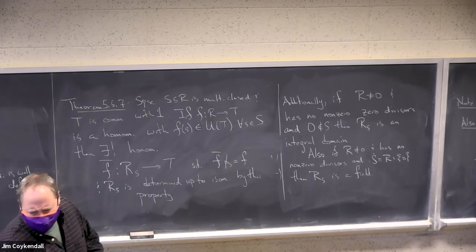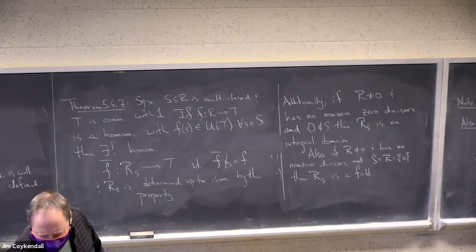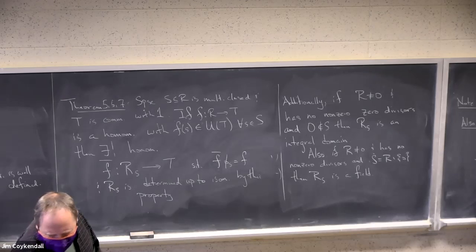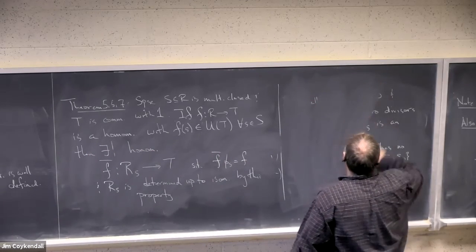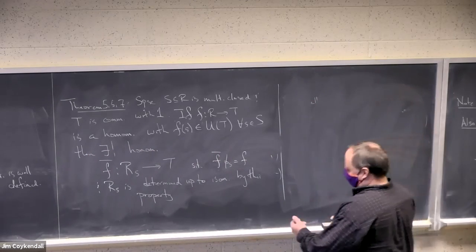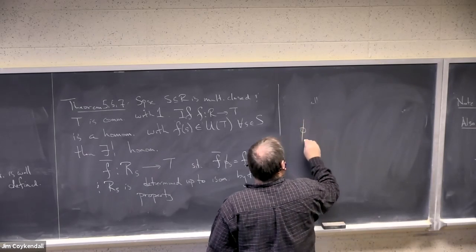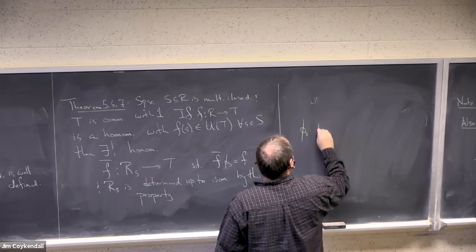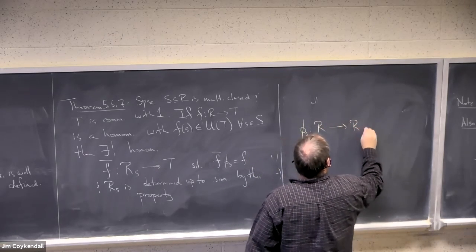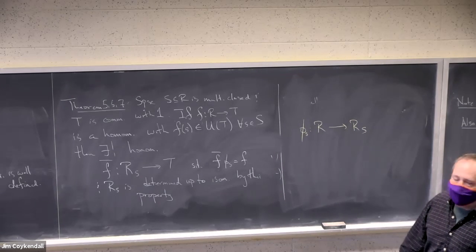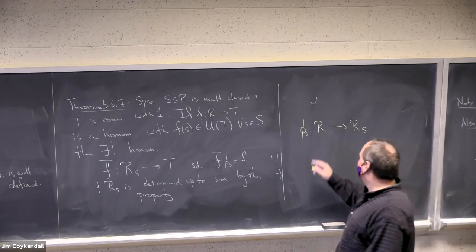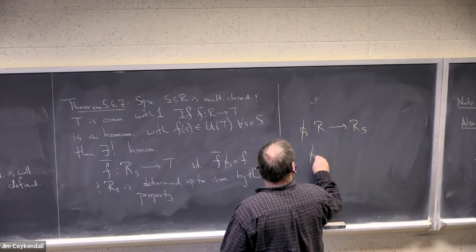I'll go into this in more depth next time, but basically, let me tell you what P of S is. We talked about this last time. P of S is basically a homomorphism from R into R_S. How does this work?